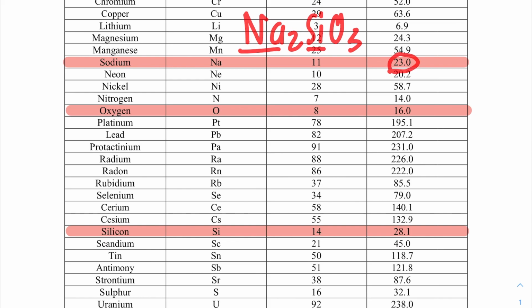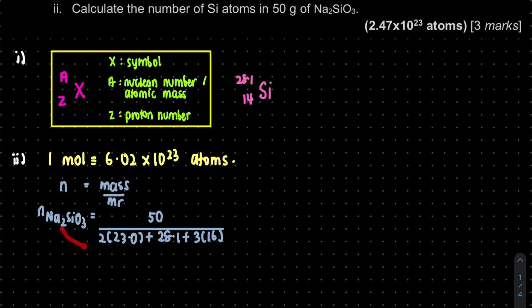Silicon is 28.1. Oxygen is 16. But when you are calculating the value, remember the sodium we have 2, so for the sodium we must multiply by 2, and oxygen we must multiply by 3. So let us substitute the values for the molar mass. Remember here, sodium times 2, oxygen times 3. We're going to find out the number of mole.